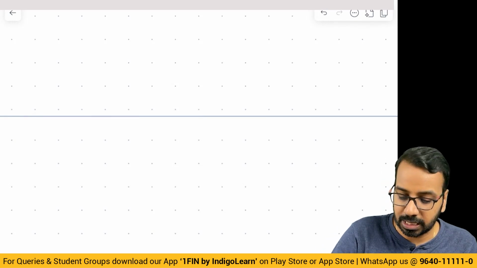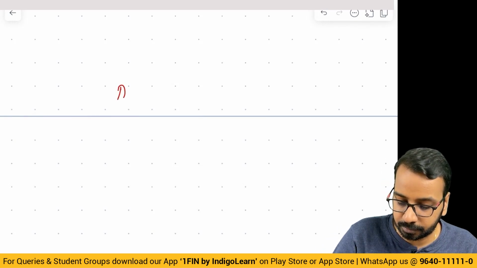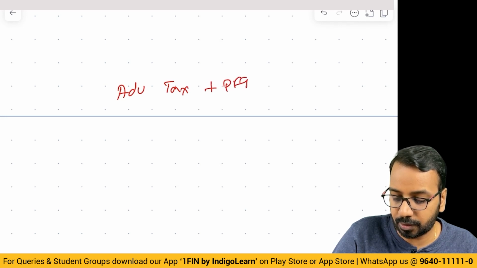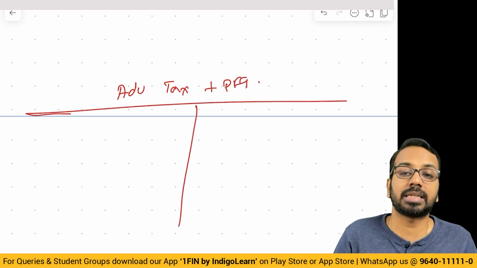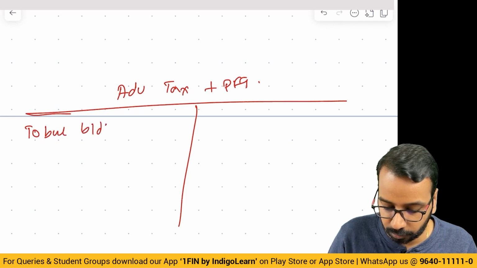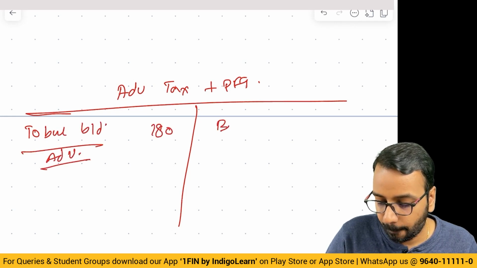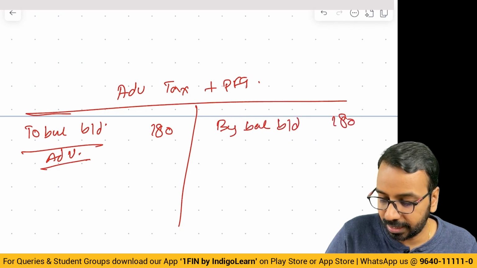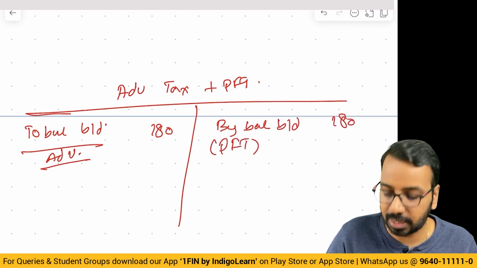Okay, so what we'll do is we'll combine advance tax plus provision for tax account. Advance tax opening balance is debit to balance brought down. This is for advance tax 180 by balance brought down 180. This is for provision for taxes.